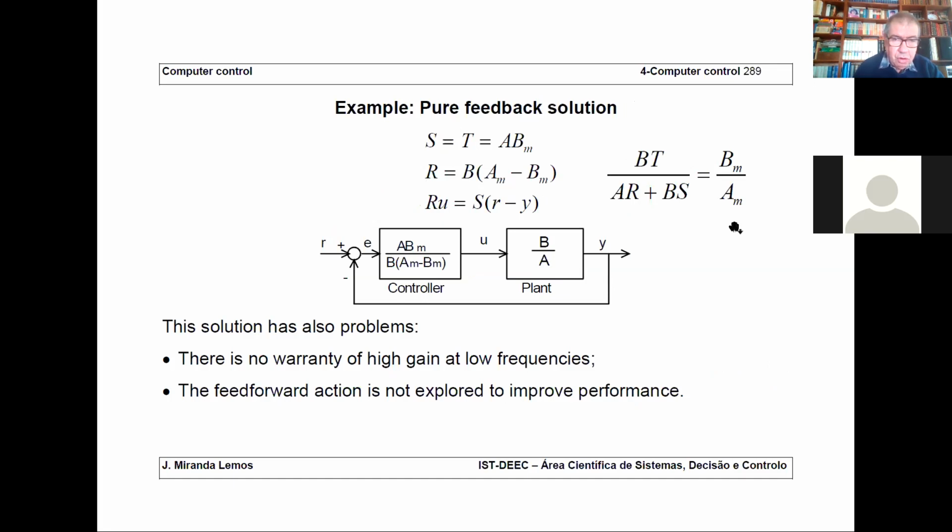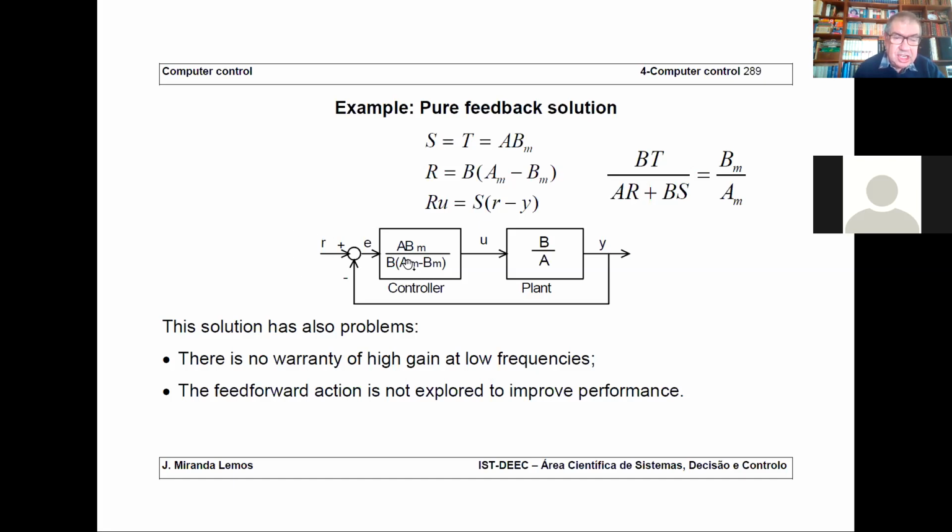If you do these computations, this choice forces this transfer function to be BM divided by AM. And now you have feedback. That is a good thing. But you lost the anticipation of the feed-forward term. So probably you can do better because sometimes it's useful to filter the reference.